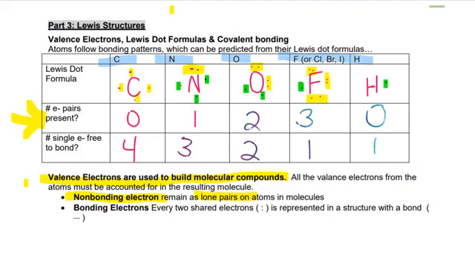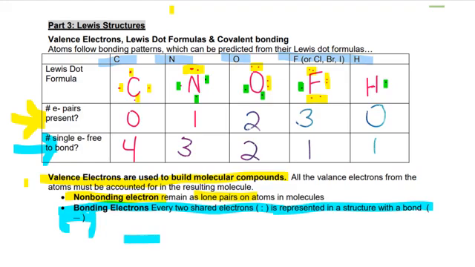The bonding electrons are the lone single ones that are free to bond, and when they do bond, we represent that with a dashed line.